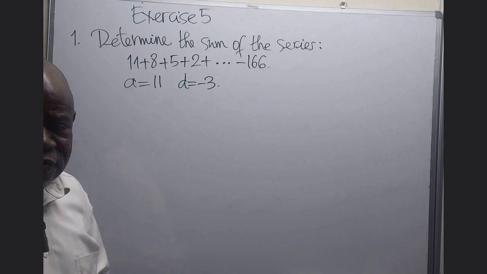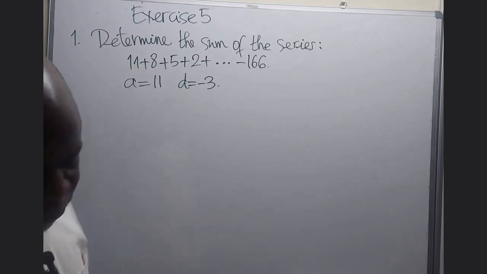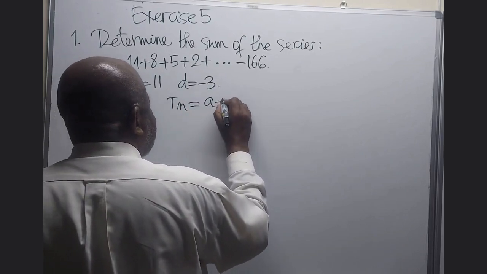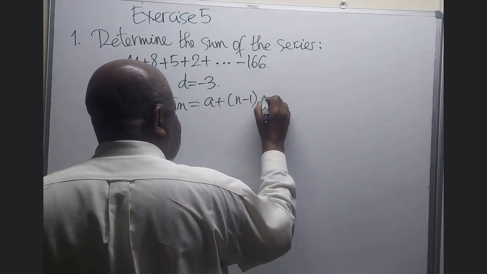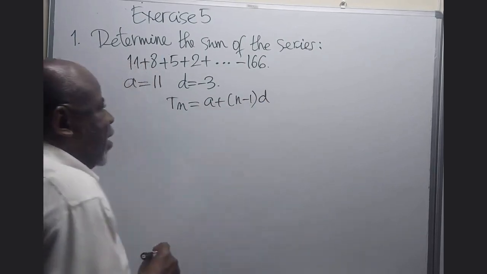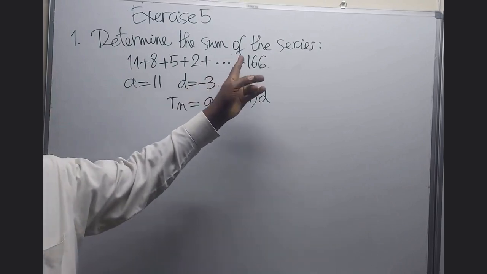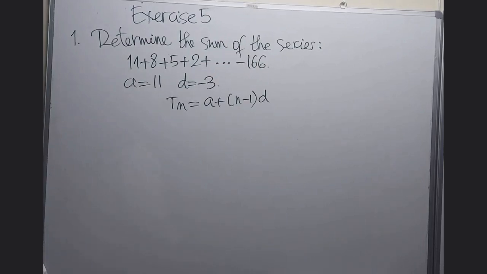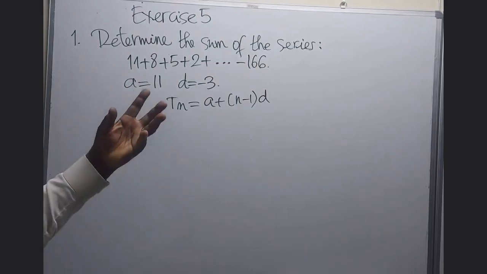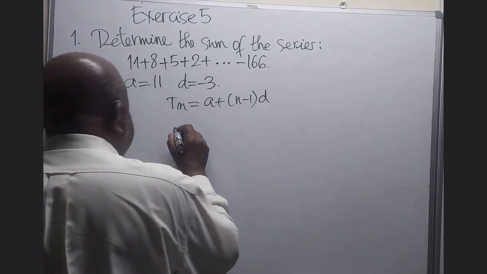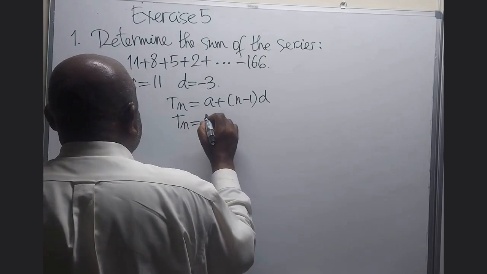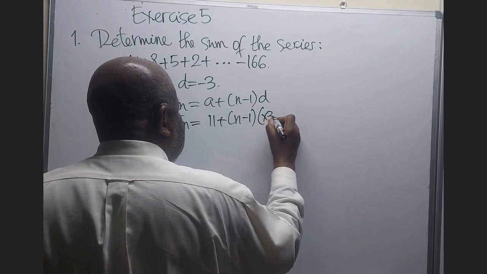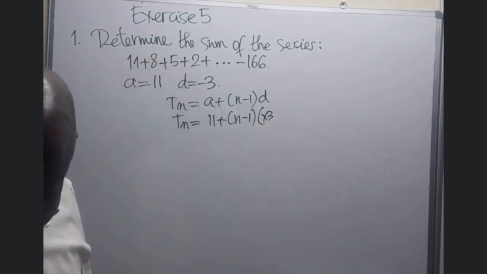So first of all, we need to get the general term. So Tn will be equal to A plus n minus 1 times D. Our Tn here, as you can see, is negative 166. So if we want to get our Tn using the formula here, we'll be having Tn is equal to 11 plus n minus 1 multiplied by negative 3.